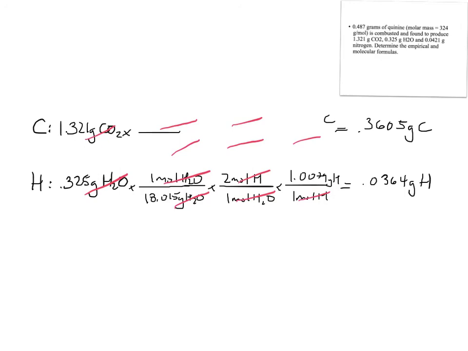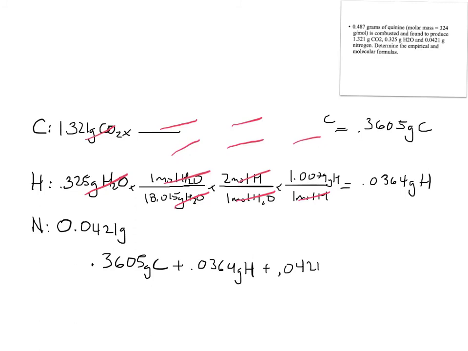Now, finally, let's figure out how much oxygen there was inside of that molecule. Well, if we had 0.3605 grams of carbon, and we had 0.0364 grams of hydrogen, and then we also know that nitrogen weighs in a grand total of 0.0421 grams, so we can add that in there, 0.0421 grams of nitrogen.